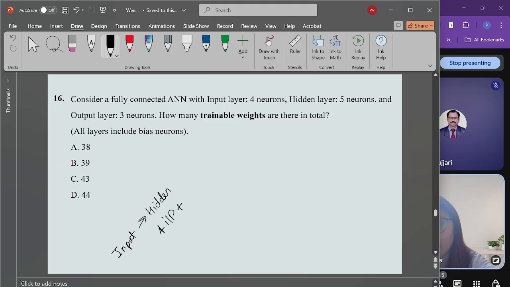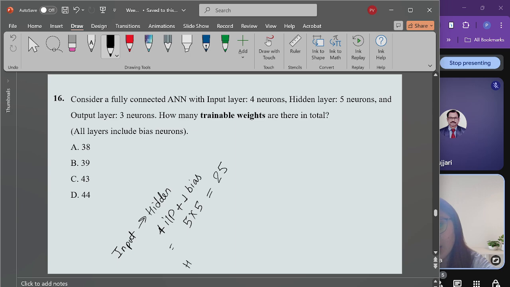That means one bias with the inputs: 4 inputs and one bias. So the input will be a total of 5, and 5 cross 5, that is the kernel size, so the total will be 25.